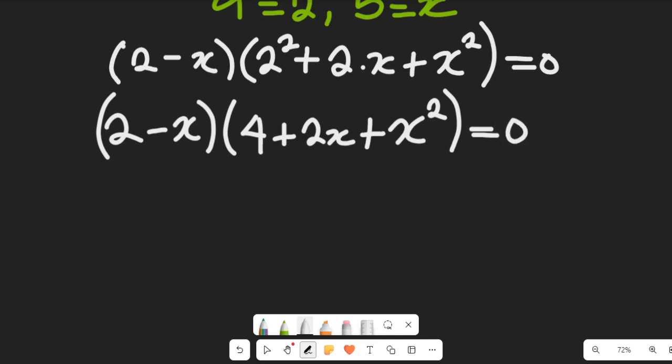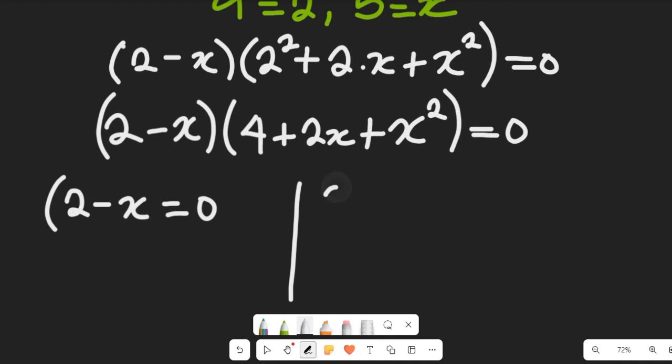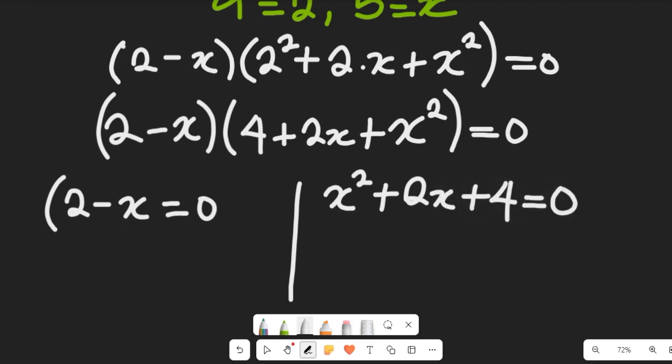This is the zero product rule, and separating this expression, we can have the first expression 2 minus x equal to 0, and the other expression, if we rearrange it, x squared plus 2x plus 4 equal to 0.